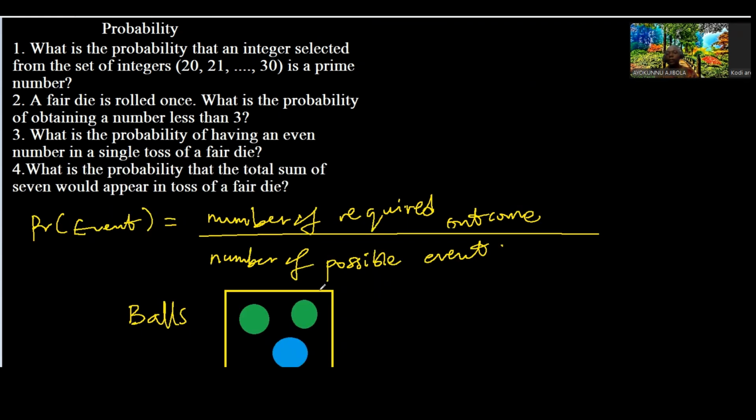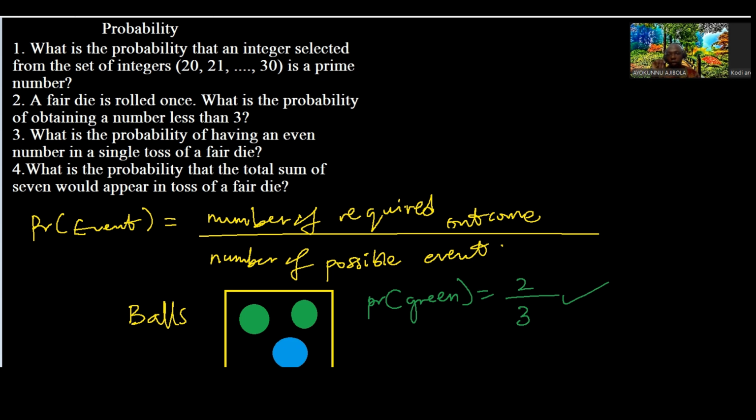So if I say probability of picking a green ball, the required is 2, which is green, over the total that is possible, which is 3. So that means there are higher chances of picking a green than a blue.